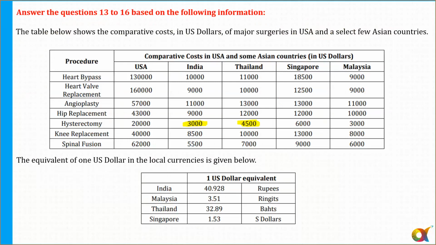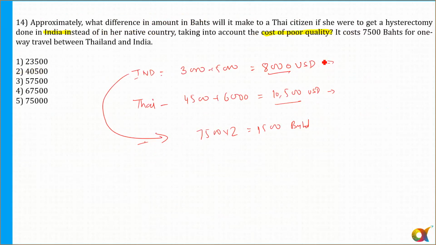You can see it here. 1 US dollar is equal to 32.89 baht. So I can say this is 8,000 into 32, and this will be equal to 10,500 into 32. Now, in India, the total cost is 8,000 into 32.89, but you need to check the option.